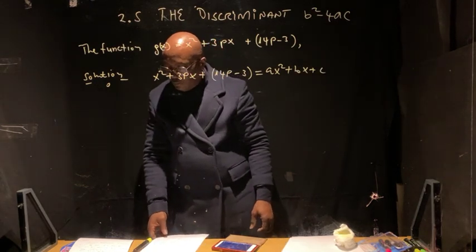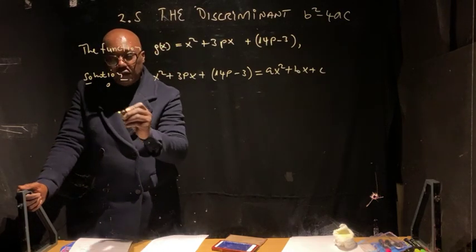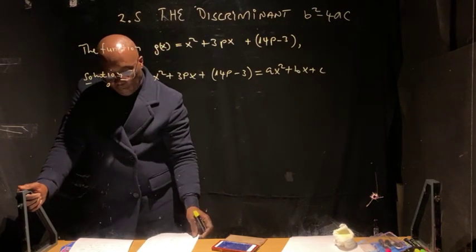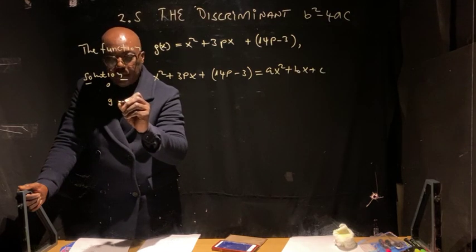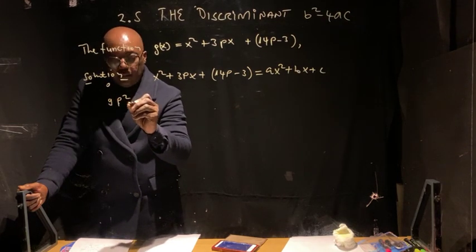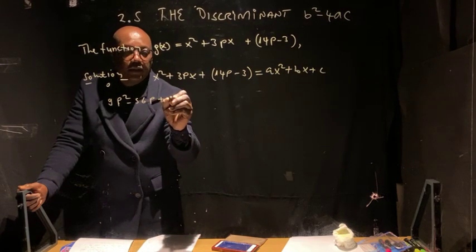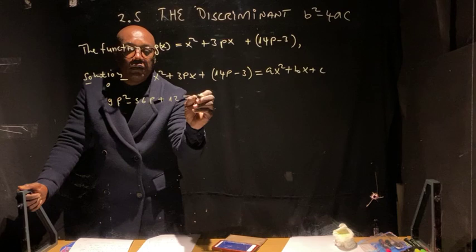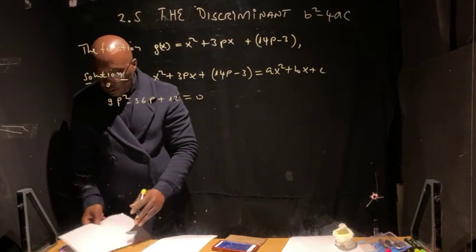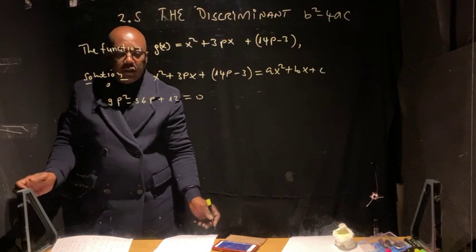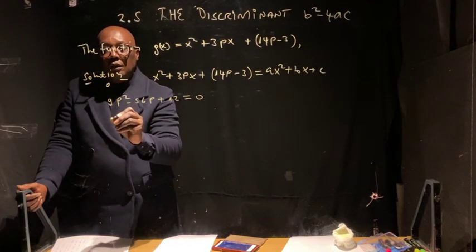Okay, let's move on. We arrived at the quadratic equation 9p squared minus 56p plus 12 equals 0. We are going to apply completing the square.